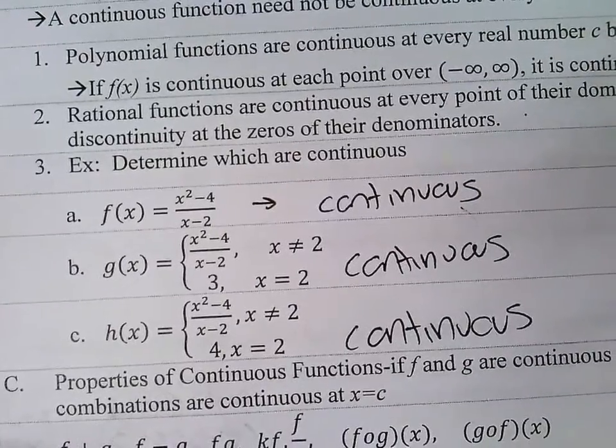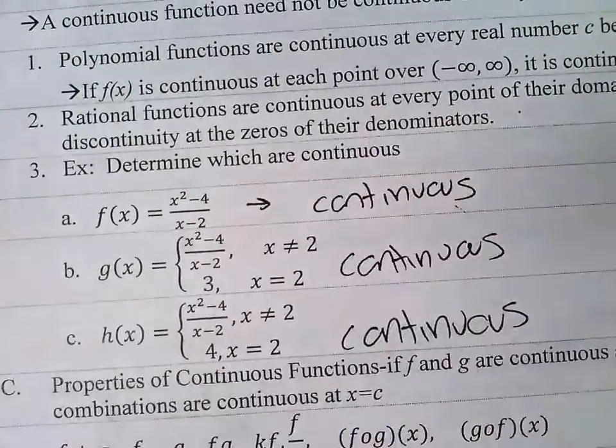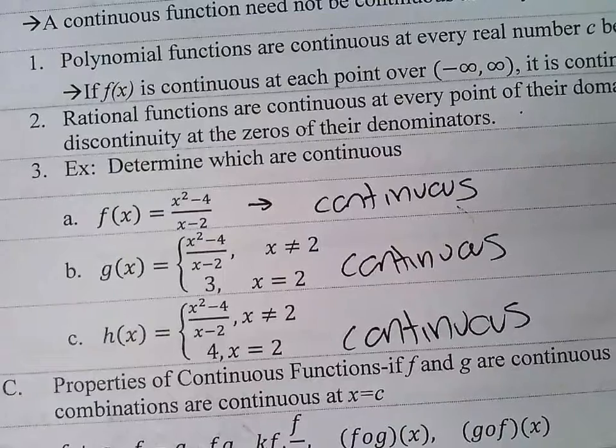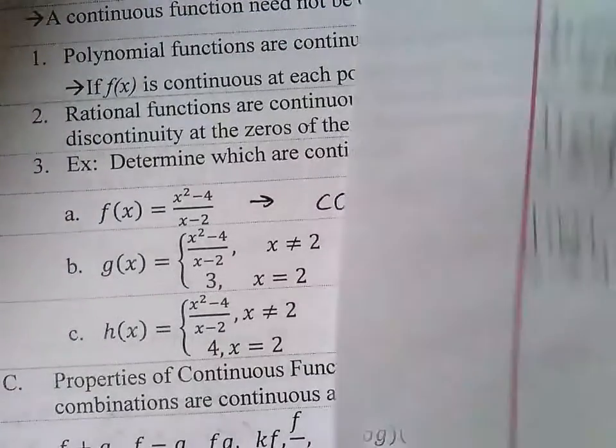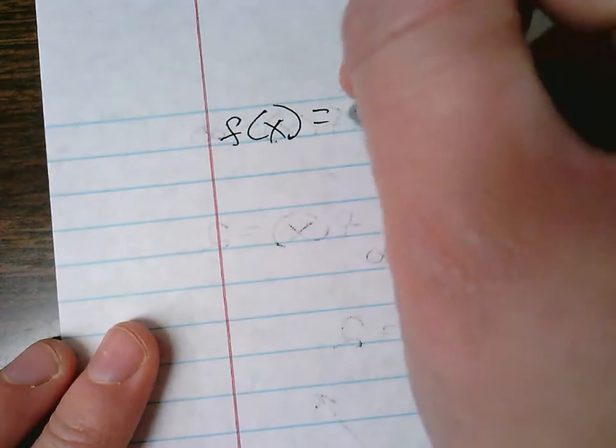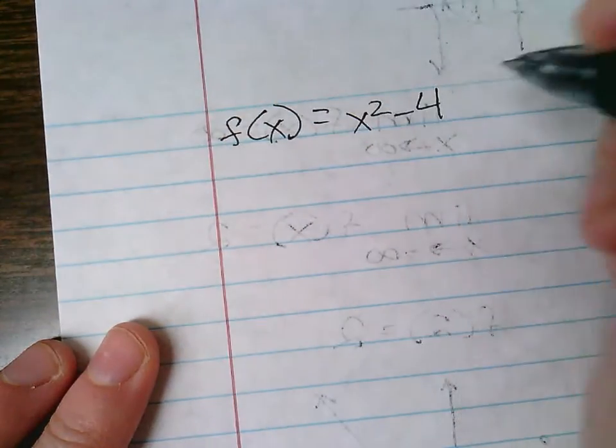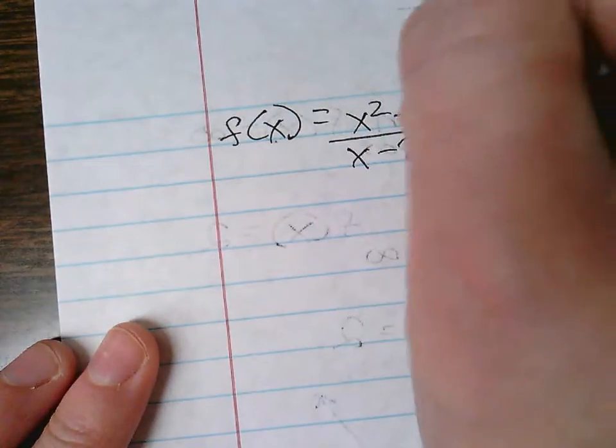But let's take a look. I'm just going to get my calculator out so you can see the first function. I'll just draw it on the back of this. So f of x equals x squared minus 4 over x minus 2.